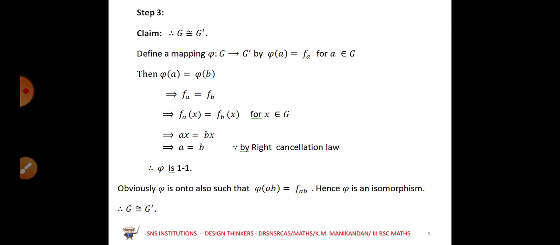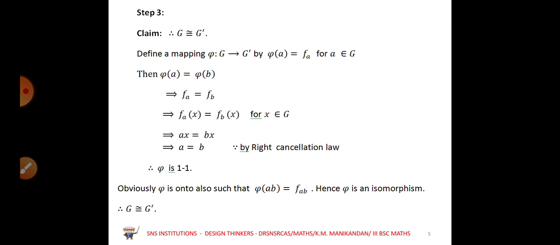Now this x belongs to G. So in a group G, by the right cancellation law, post-multiplying by x inverse we get A into x inverse is equal to B into x inverse. x x inverse is the identity element, so therefore AE equals BE, that is A equals B. So here also we have shown that whenever the codomain elements are equal, the corresponding domain elements are equal, therefore pi is one-to-one. Also pi is an onto mapping such that pi of AB is equal to FAB. So hence we have proved that pi is one-to-one and onto, hence pi is an isomorphism.